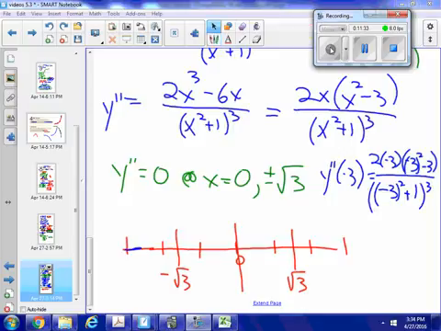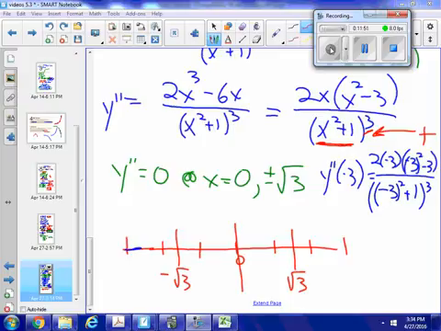And one thing I can see right now is that no matter what, this denominator is always going to be positive, because there is no number that can make this negative. So this is always going to be positive, and if I cube a positive number, it's always going to be positive.